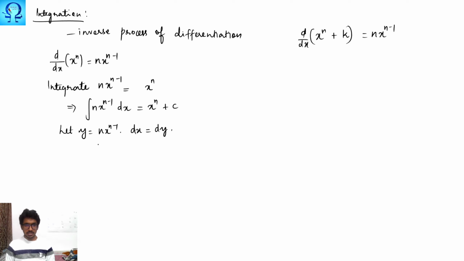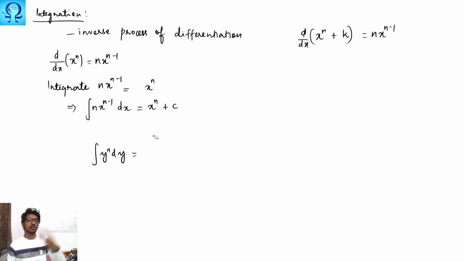If I write simply y power n dy, what is going to happen? I'm not making any substitutions. I'm just going to compare things and give you the formula for integration.